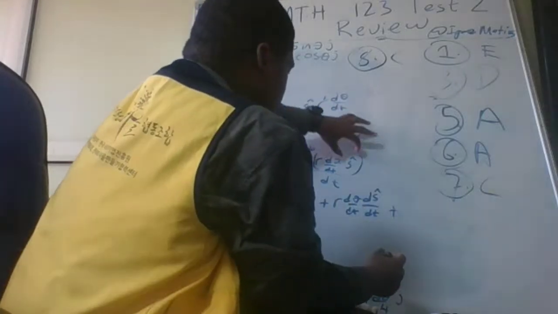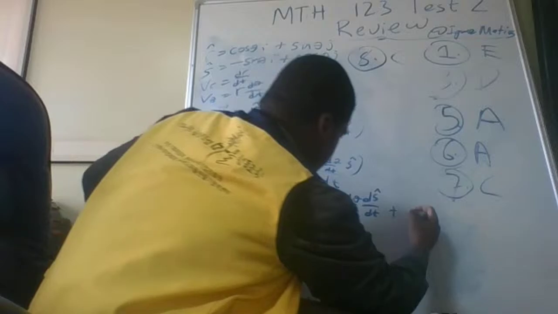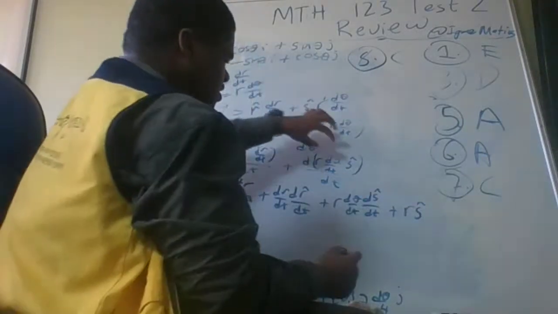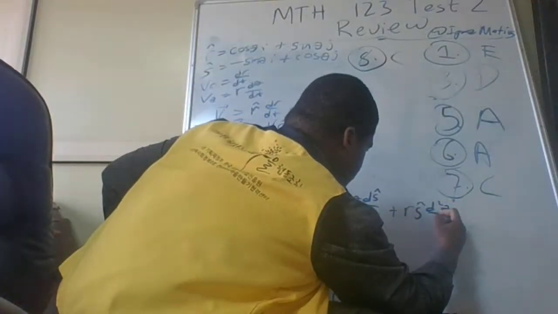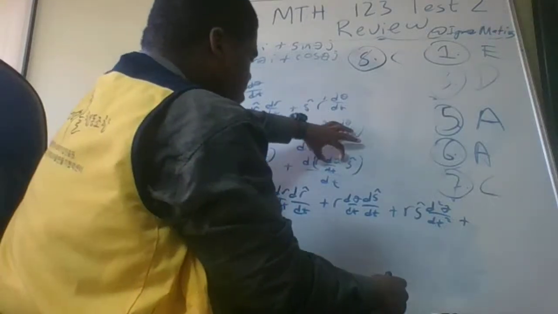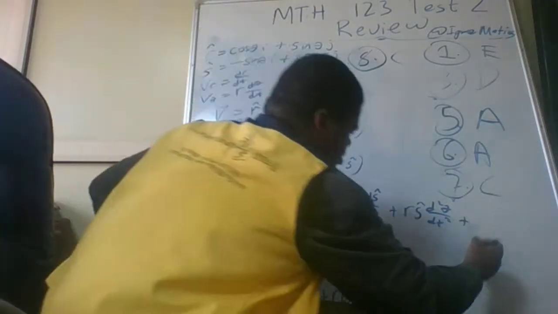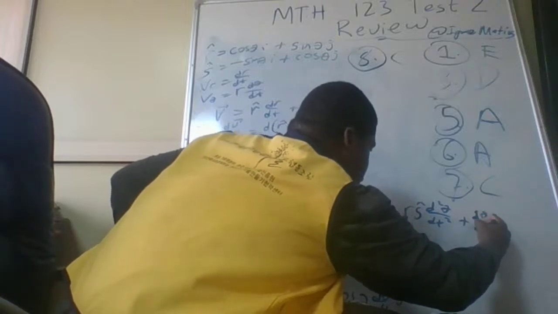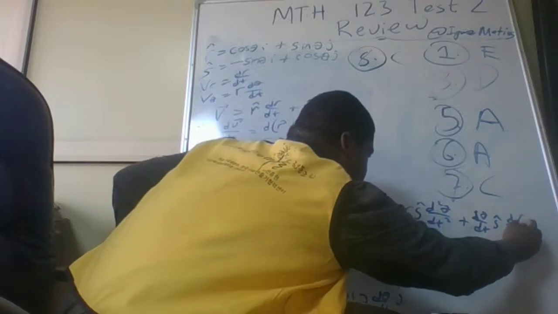Plus, keep our transverse vector constant, differentiate dθ/dt with respect to time. So that will be r times our transverse vector. If you differentiate theta with respect to time twice, it will be d²θ/dt². Plus keep the dθ/dt times our transverse vector constant, differentiate r with respect to time. So that will be dθ/dt times dr/dt.